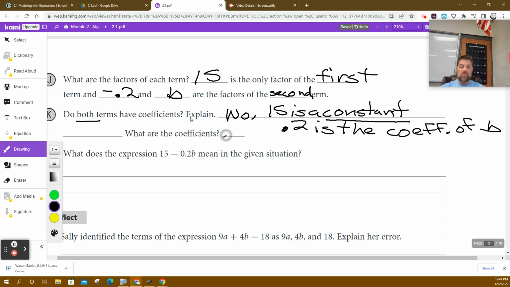And then what are the coefficients? Well, there's only one coefficient. I'm sorry, this should be negative 0.2. Negative 0.2.